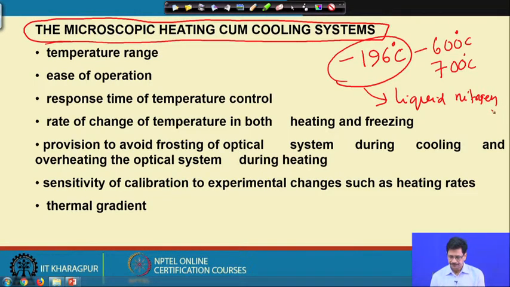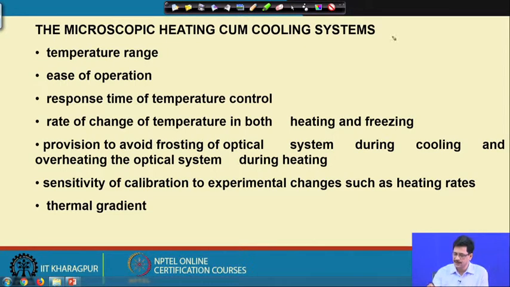And there are heating freezing systems which are available, like the one which is available from Linkam, UK.